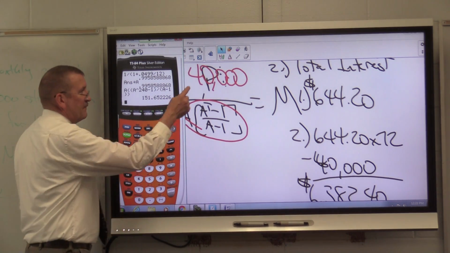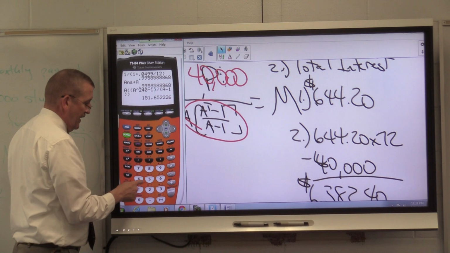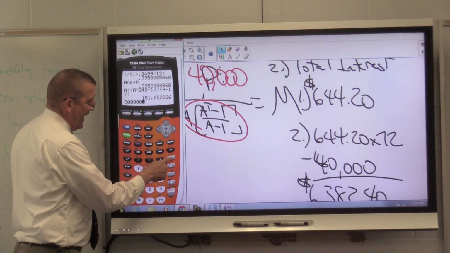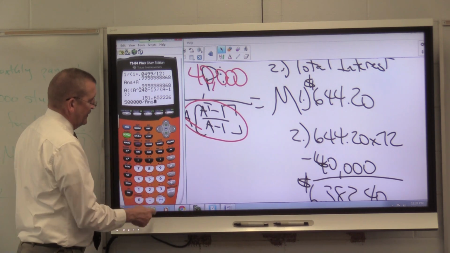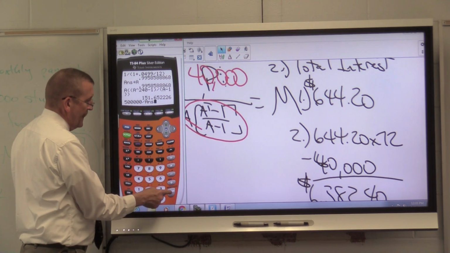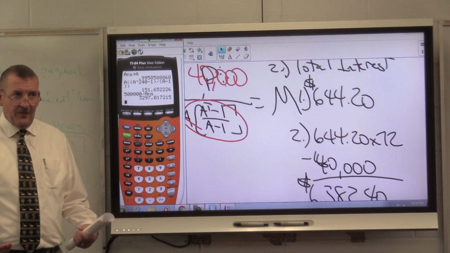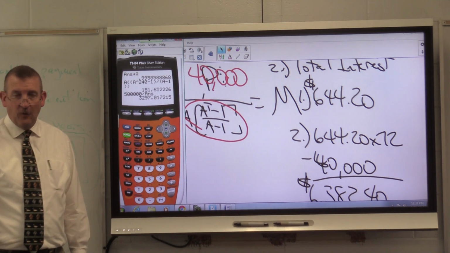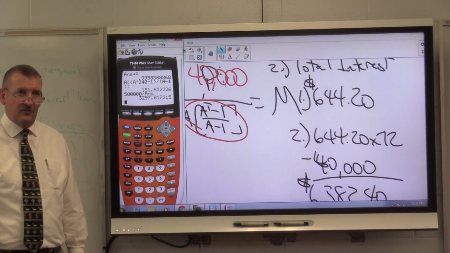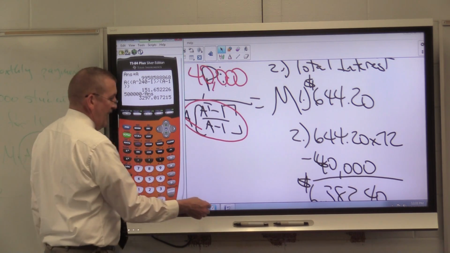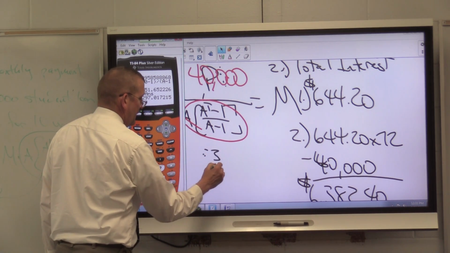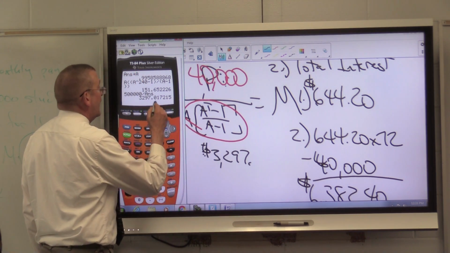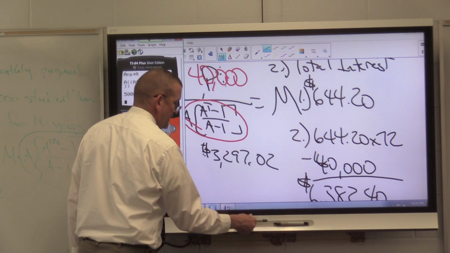To get my monthly payment, now it's not 40,000, it's what? 500. Take 500,000, divide that by second answer. So divided by that. Your monthly mortgage for a $500,000 house at 4.99% APR for 20 years is $3,297.02.